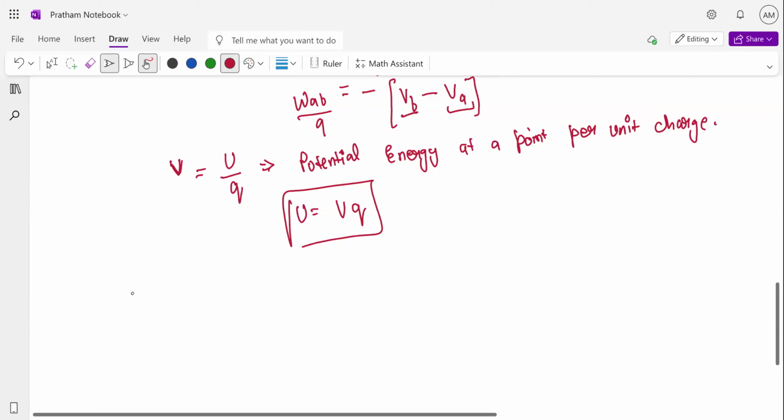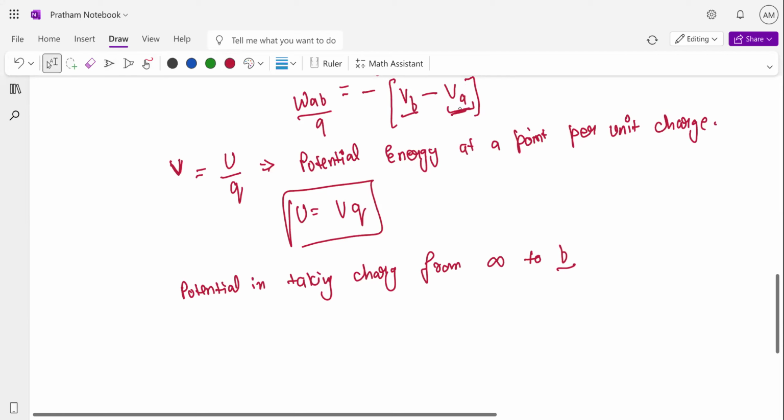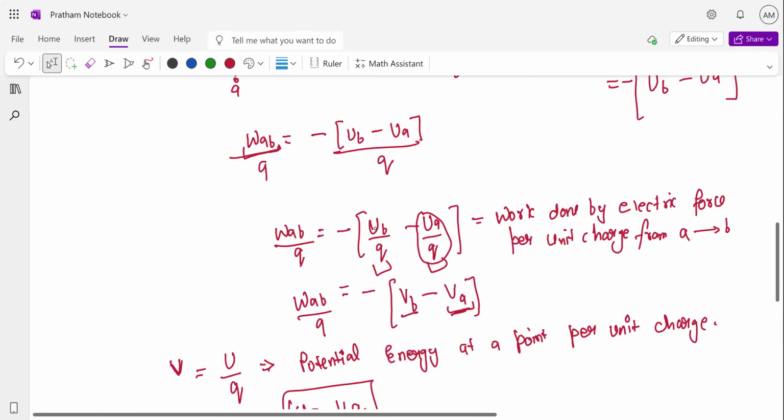Let's calculate the potential from taking a charge from infinity to point B. So I can make this thing zero because potential at infinity is nothing but zero. Or if you don't know this, we can do it this way.